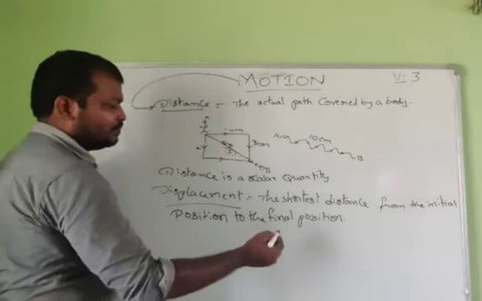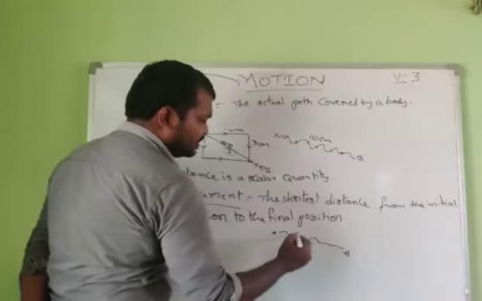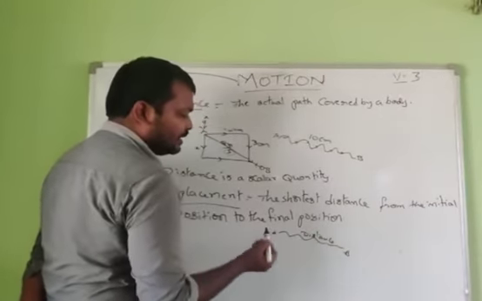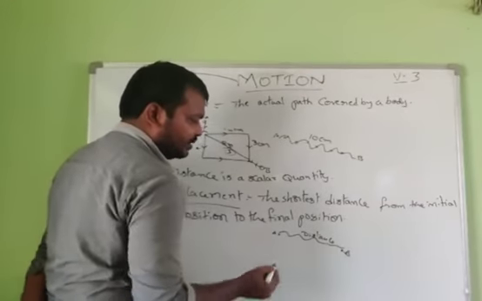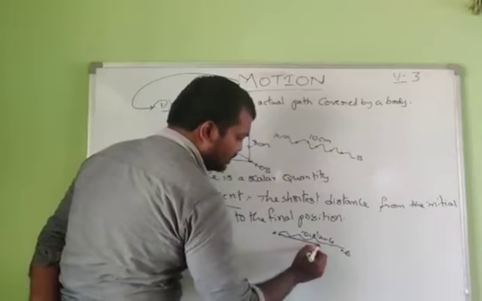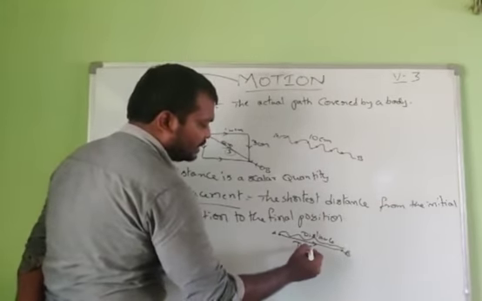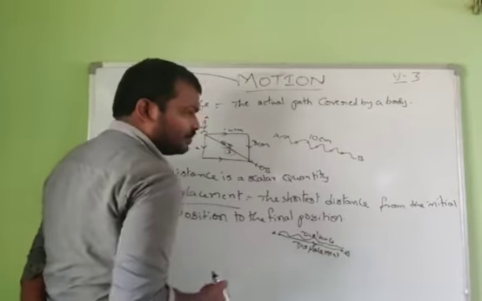Let's see the same example here. For example, A to B, we said that this is distance. So we want to identify the displacement: this is the initial position, this is the final position. You have to draw a straight line. So this is called nothing but displacement.